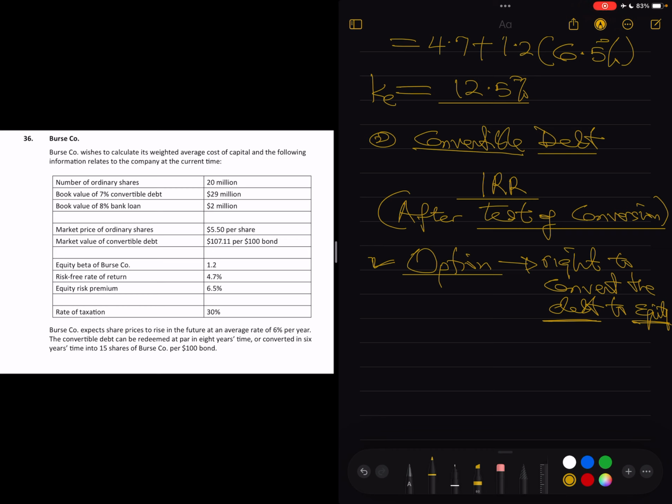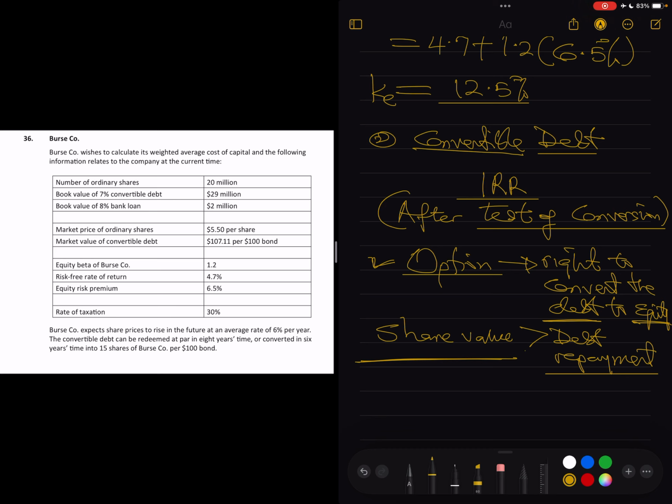If I ask you what will make you think someone will exercise, it will exercise if the share value is greater than the debt value, the debt repayment. It's as simple as that. That's your test of conversion. That's what you want to check.